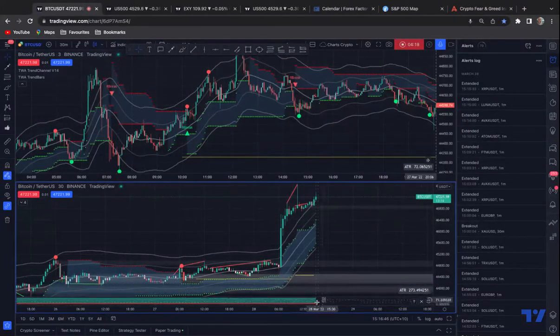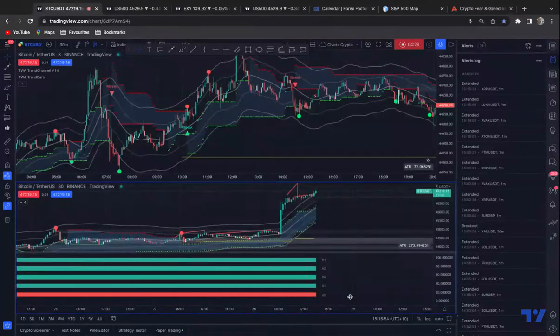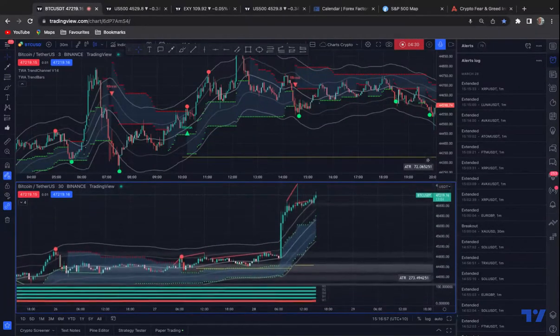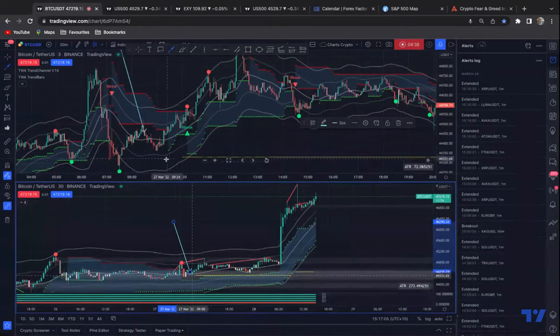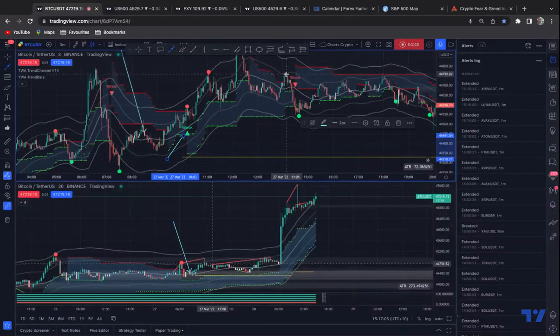So the majority green, we can see that on our higher time frame indicator down the bottom, multi-time frame, as you can see, weekly, daily, 4, 2, and 1 hour. And then we wait for a breakout of the cloud, as we had here on the 30, and then we look for the entry on the 3-minute, and we take the green breakout.